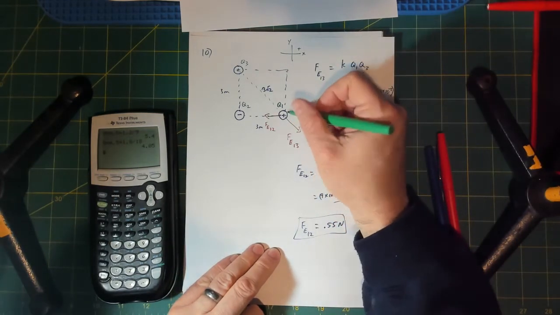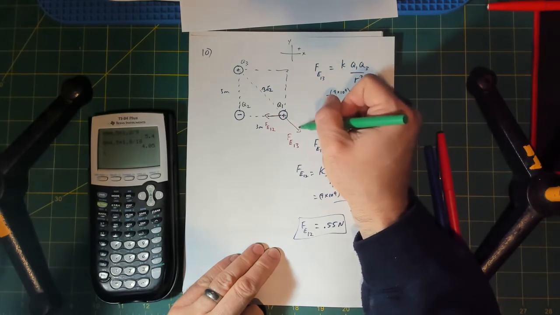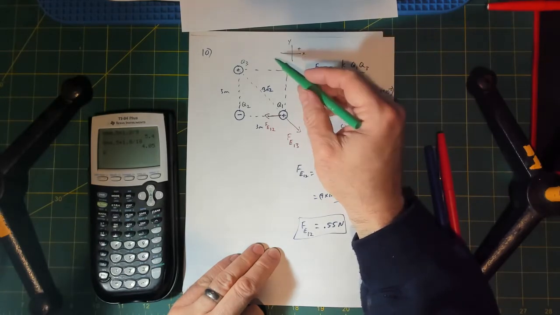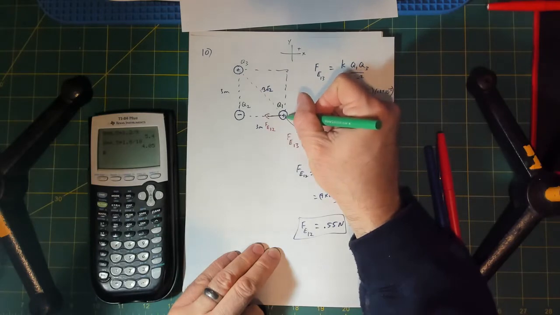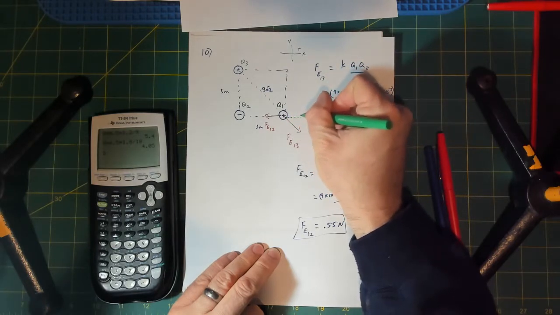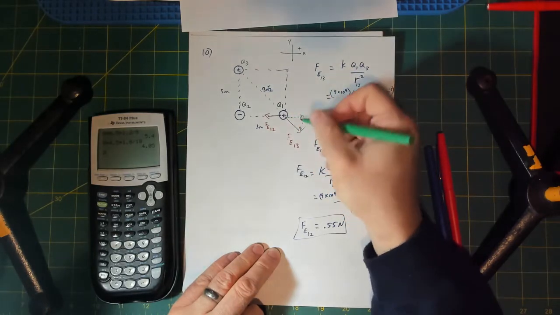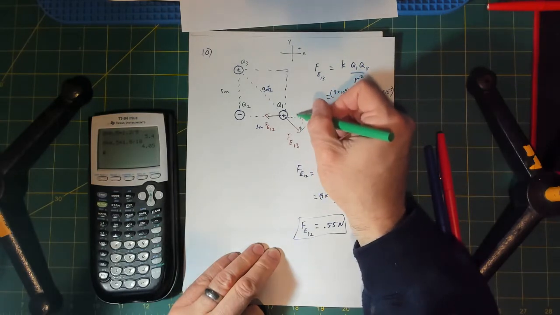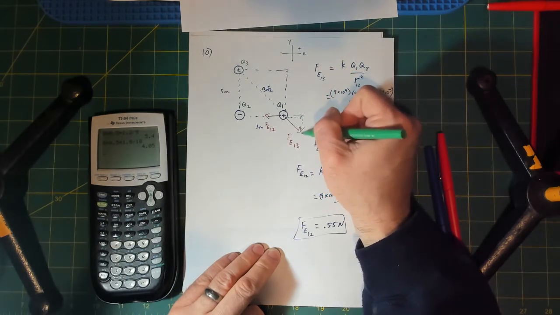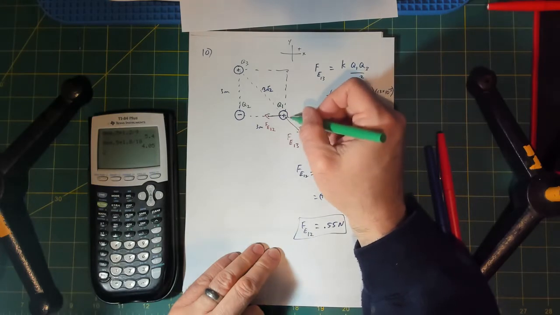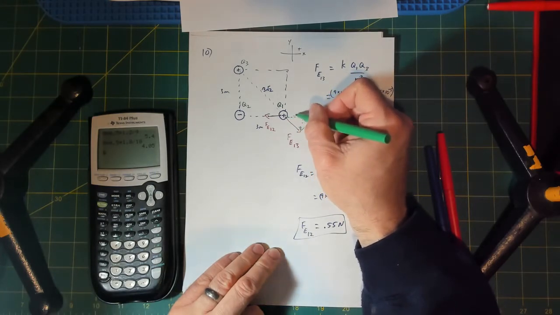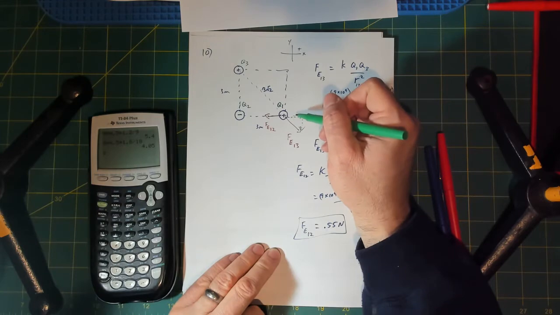Fe13, I'll split that up. I'll make a chain of arrows that starts where it starts and ends where it ends, but it's going to be arrows going along the axes to show my components. This is the horizontal, the x and the y components of Fe13. You say, hey, how do I calculate them? I'm going to need an angle.